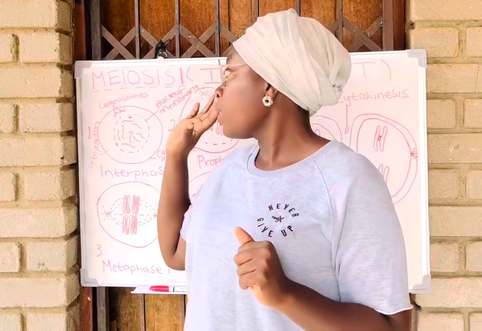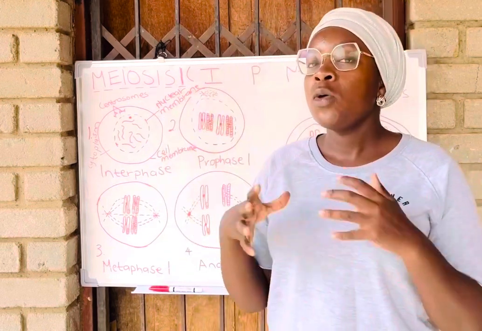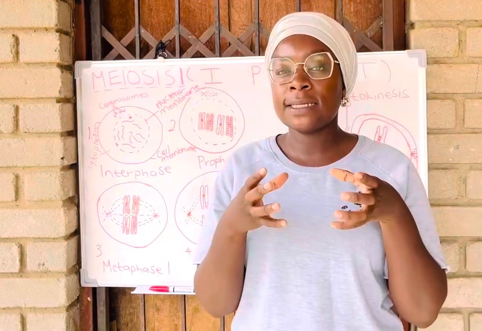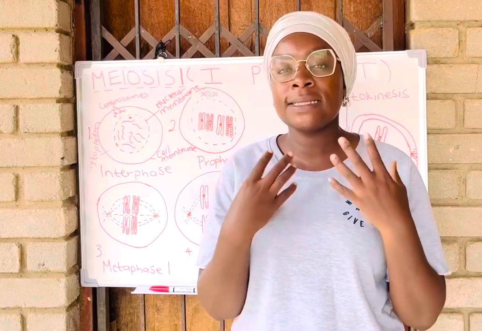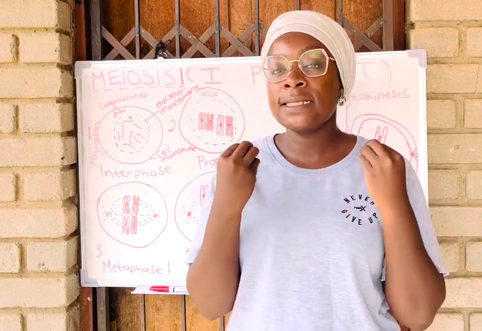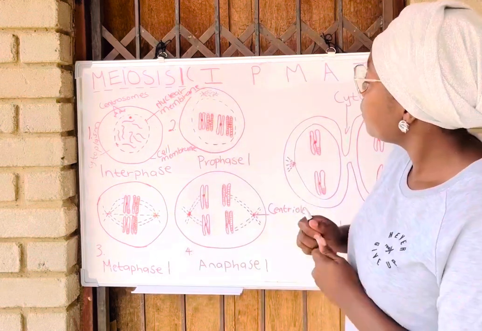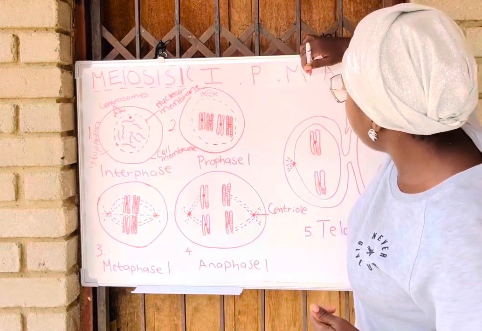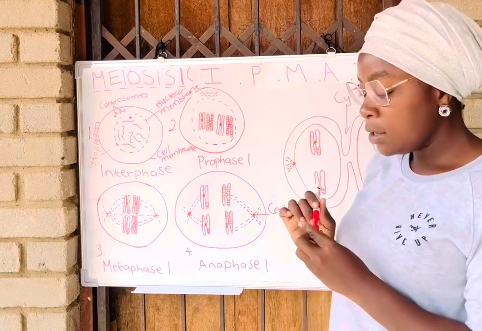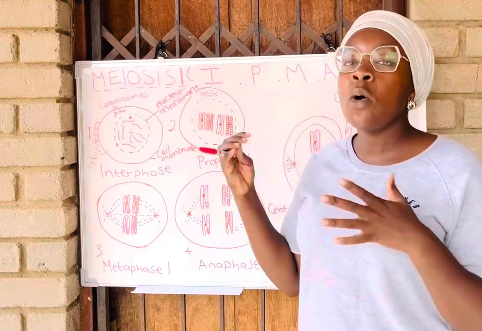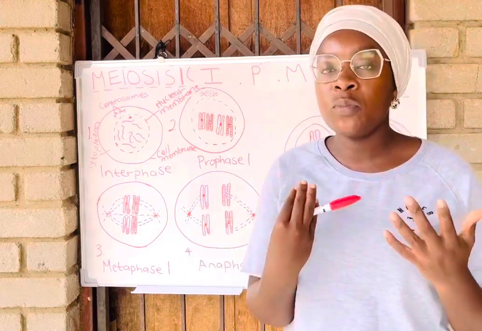Now, in meiosis 1, we're going to start with the phase that happens before meiosis takes place, and that is interphase. I need you to know these letters: IPMAT or IPMET, depending on how you pronounce it.